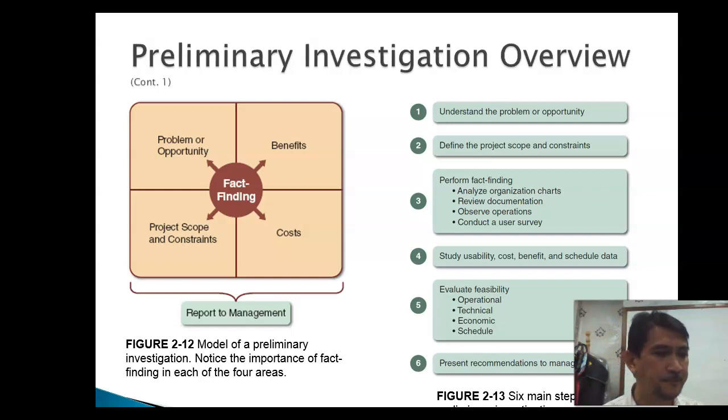Interact with them. After you do the interview, you need to analyze. You need to write down the analysis. Let's say during the interview, you ask what actually are the issues with the system.